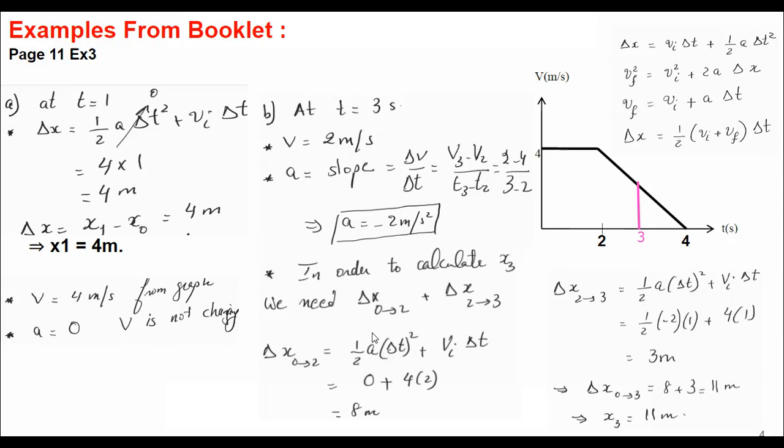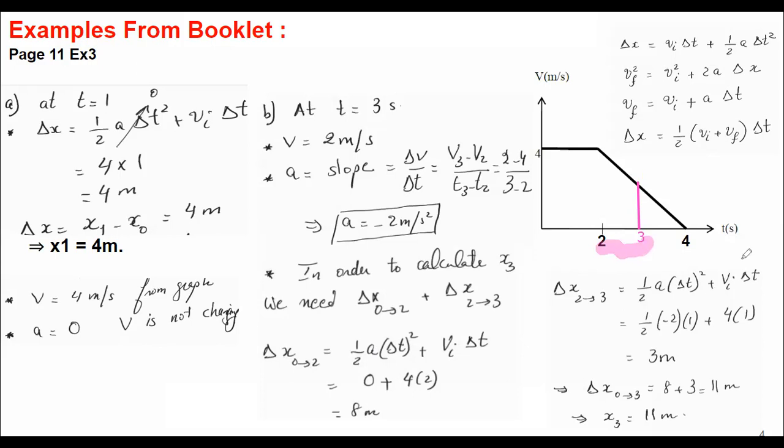Okay. Now from 2 to 3, this is uniform accelerated motion where acceleration is equal minus 2 meters per second squared. So I apply the first formula. I apply it, half A delta T squared plus V initial delta T. A is minus 2. Delta T is from 2 to 3.